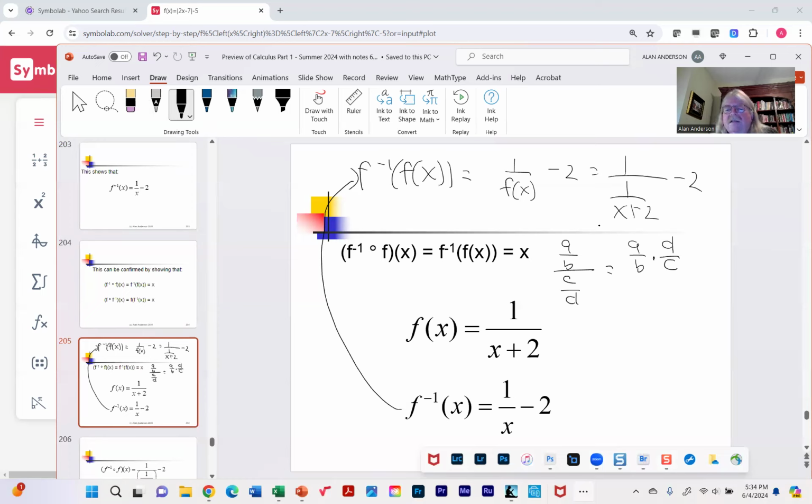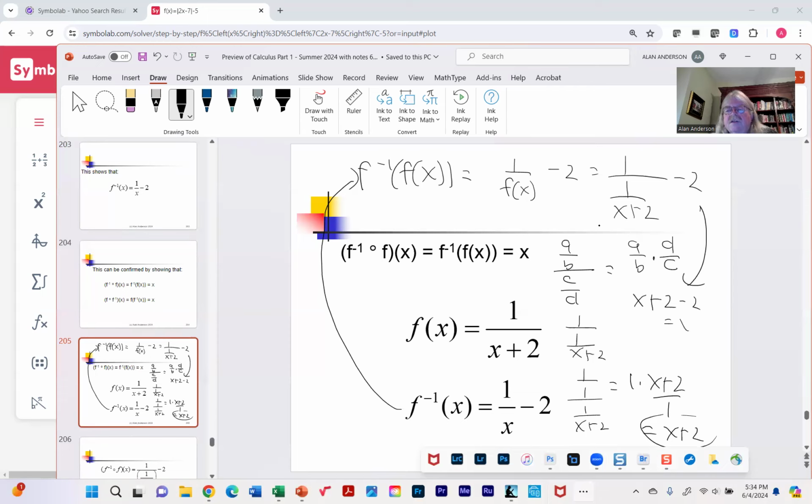Like this 1 over x plus 2 is the same as 1 over 1 over x plus 2, which is the same thing as 1 times x plus 2 over 1. So what we have up here is just x. Oh, wow. Well, that was a mess, but we did it.